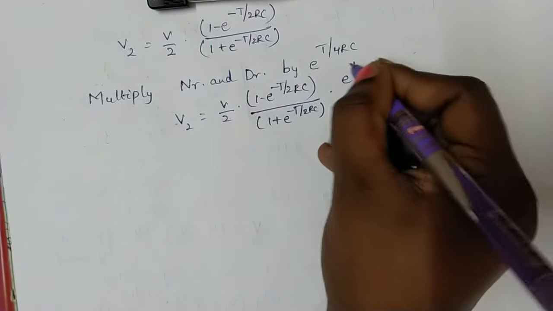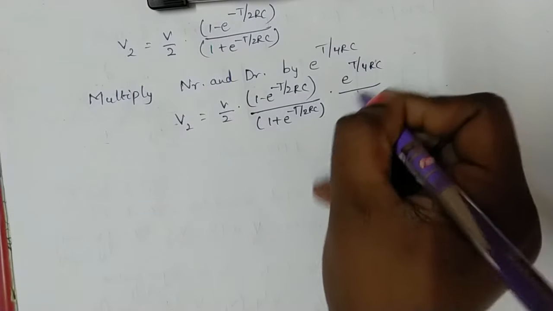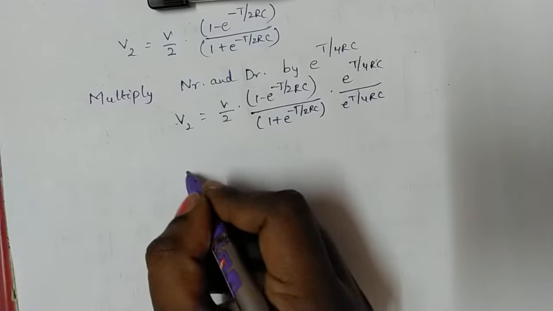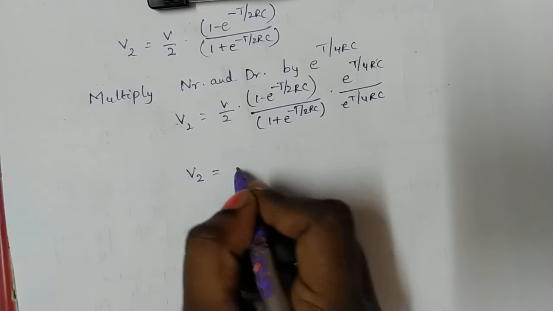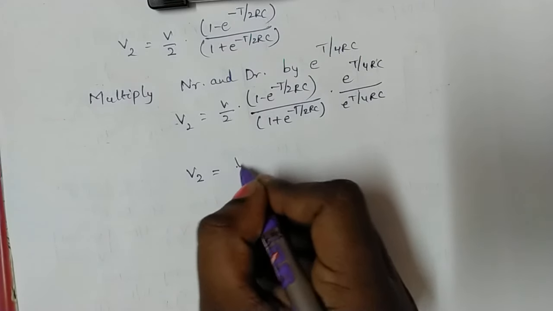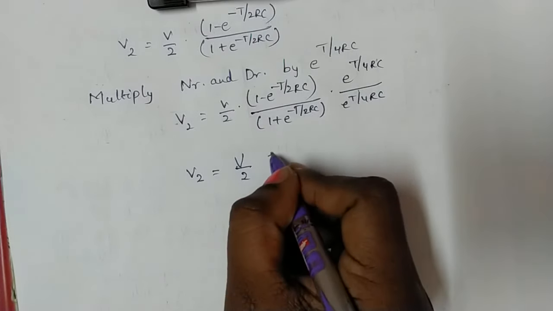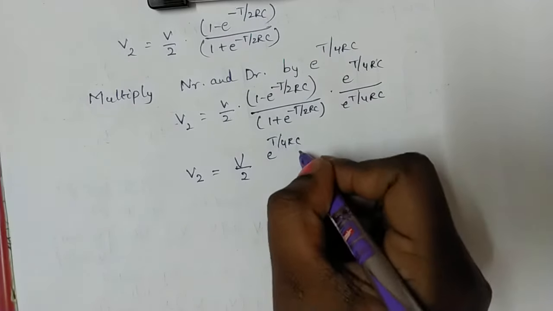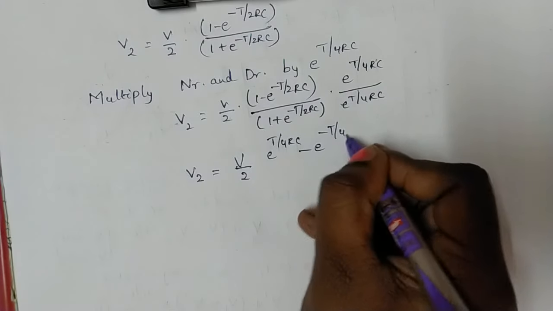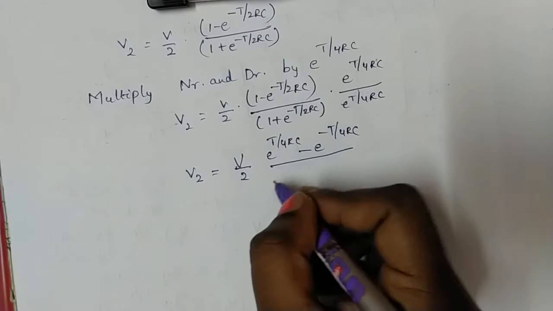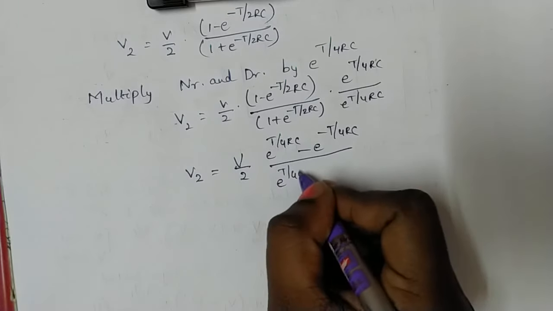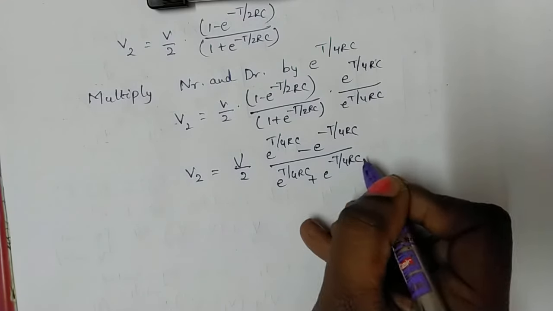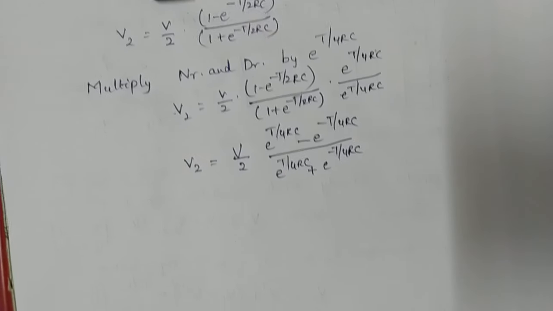Now simplify these terms. Then v2 equal to v by 2 into e power of t by 4 RC minus e power of minus t by 4 RC by e power of t by 4 RC plus e power of minus t by 4 RC. This is the equation.